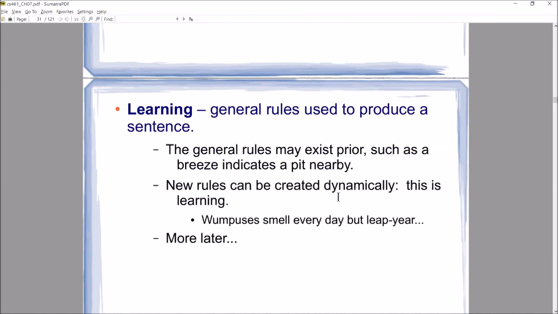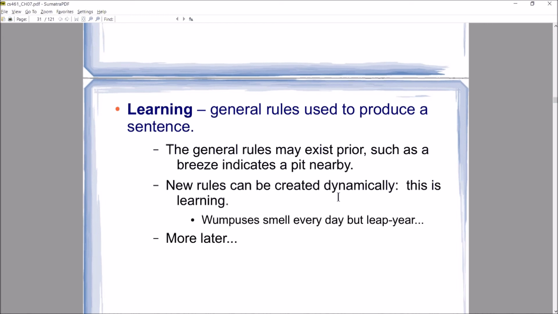So what's learning in this context? You've got rules that are used to create a sentence, and these general rules used to produce a sentence might exist prior. So breeze, there's a pit nearby. That's one general rule.